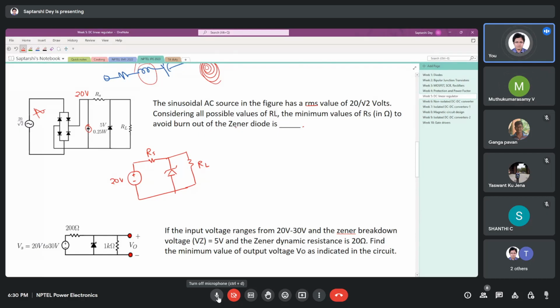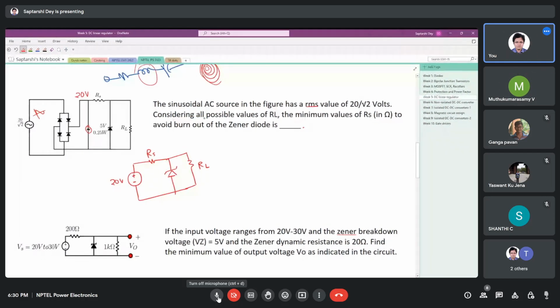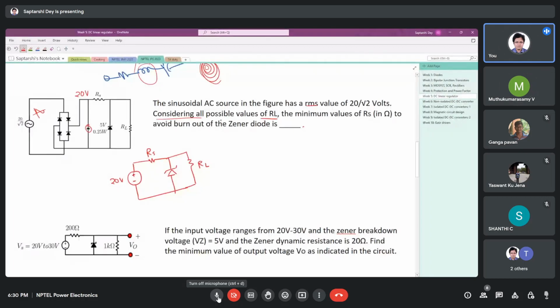Since they have mentioned all possible values of RL, we have to consider that value of RL which creates the worst case scenario. That is, for which value of RL, very large or very small, does the Zener diode have the highest possibility of burnout? We will first identify that situation, then solve the problem for the value of RS.